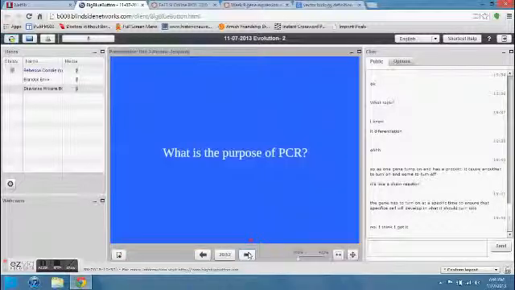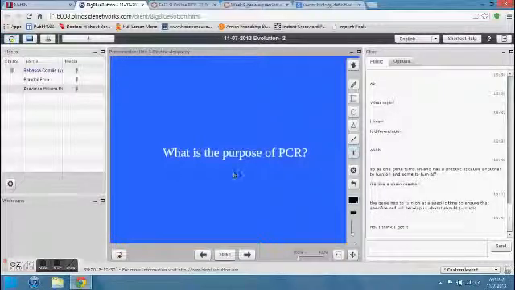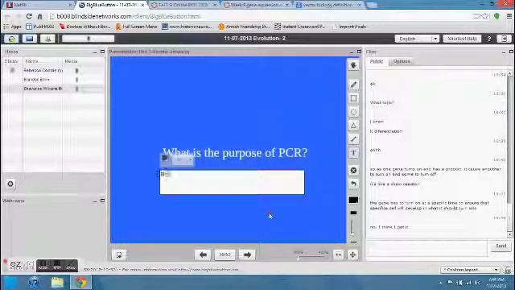So what's the purpose of PCR? This is in the biotechnology and gene expression. Another name for PCR, just a reminder, is polymerase chain reaction.